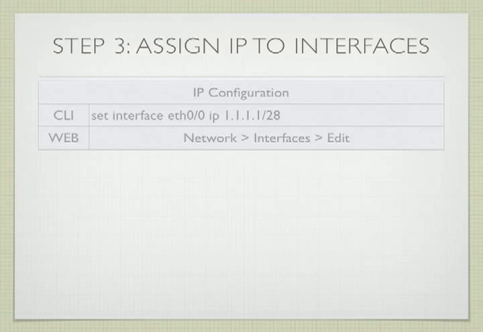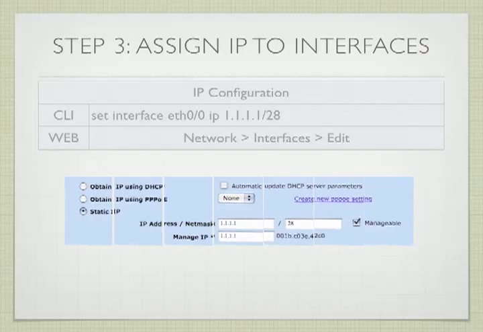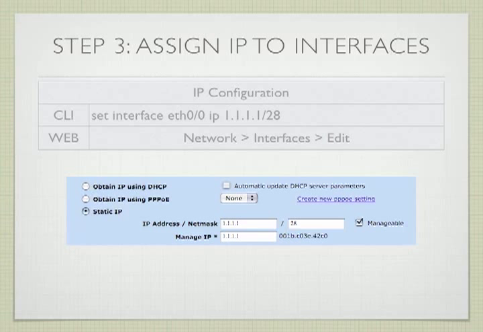In the web, this is on Network Interfaces Edit, the edit button next to interface Ethernet 0/0. In this portion of the web interface, you can place the IP address, selecting static IP, filling it out, and in this case we're going to enable management on it.